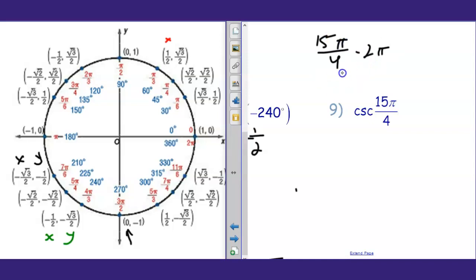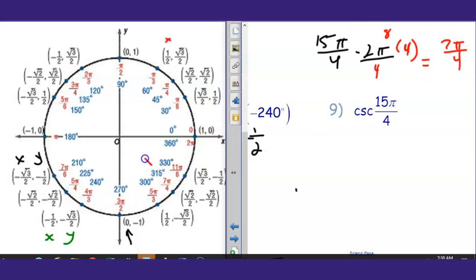I need common denominators. If I make this a 4 down here, I've got to make this a 4 up here. So that gives me 15 minus 2 times 4, which is 8. So 15 minus 8 is 7. So 7 pi over 4. Now that is on the unit circle. 7 pi over 4 is right here.